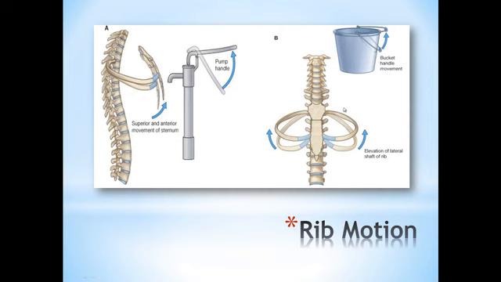We'll hear this termed oftentimes as a bucket handle. Just as the handle of my bucket moves upward, the ribs in the lower rib cage move in an upward direction.